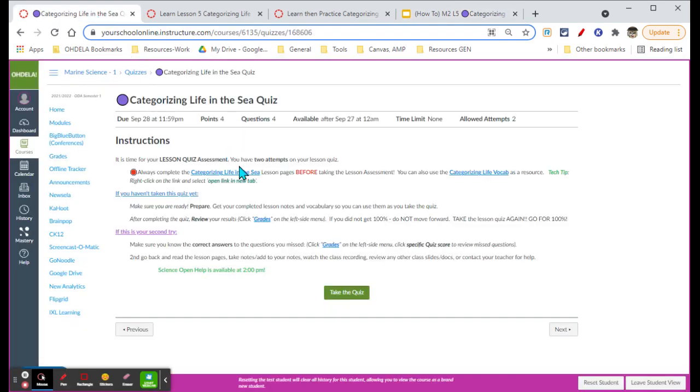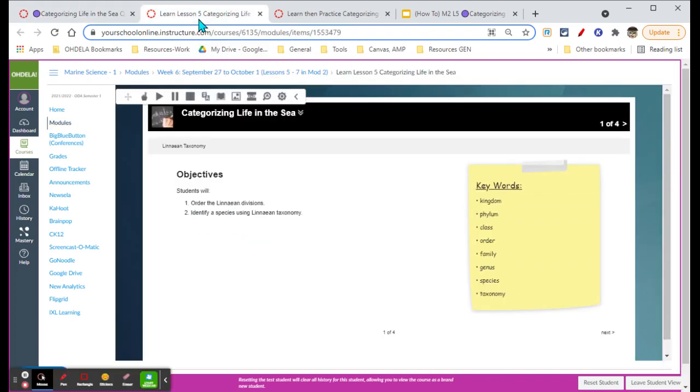So in this quiz, I can click on Categorizing Life in the Sea and open my lesson in a new tab. When I click that, I open up my lesson pages, the lesson pages that go with this quiz. That's going to help me find the correct response.